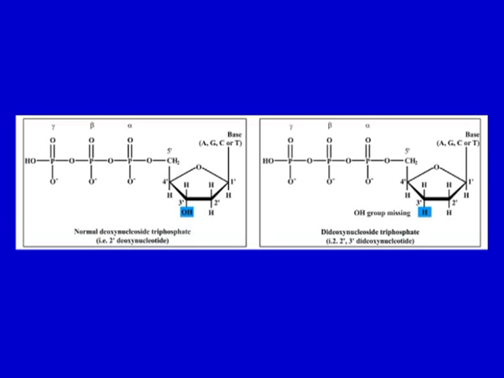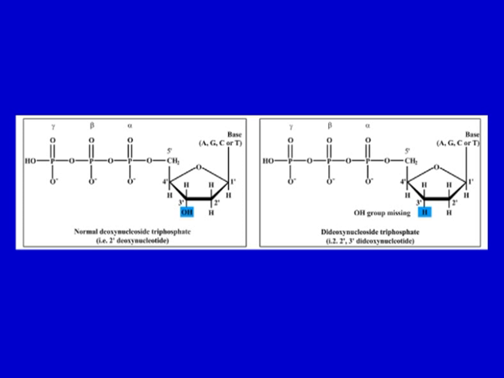So, in this method a small amount of 2 prime 3 prime dideoxynucleoside triphosphate is added to the reaction mixture. So, what will happen? If you see on your screen, this is normal dNTP, and this is where you have 2 H here at both 2 prime and 3 prime side.